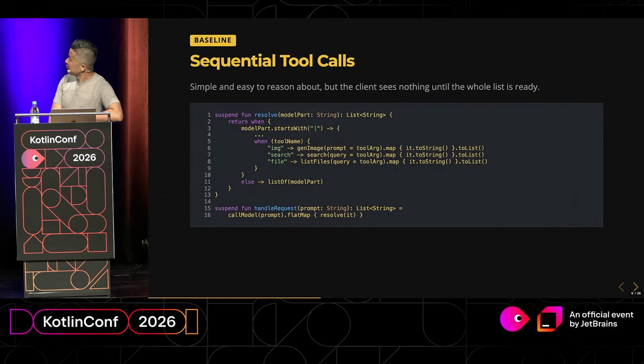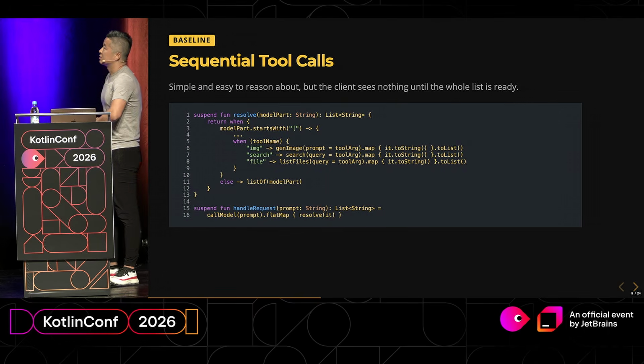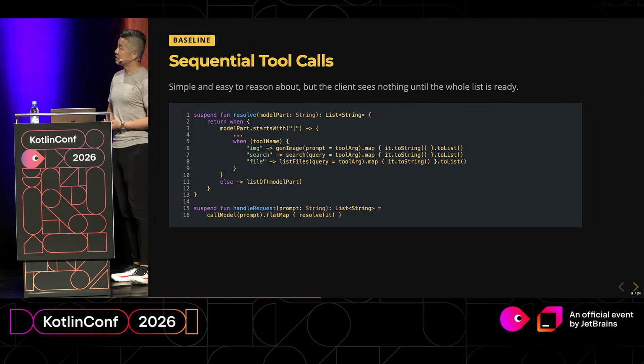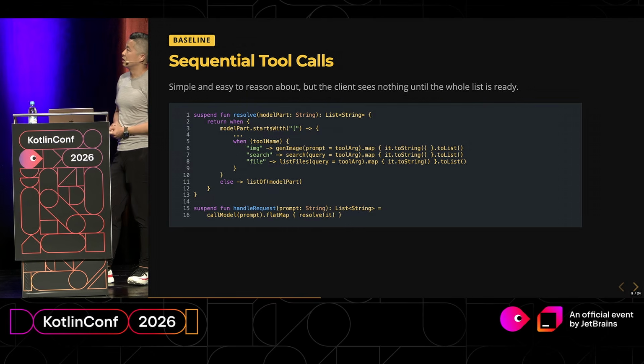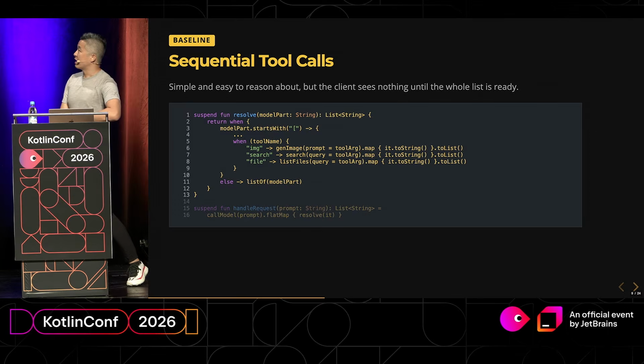All right. So let's use that to start the baseline implementation. For the baseline, we don't have any specific patterns applied. We just want to show what the brute force implementation would look like. So here, we would have the resolve function used by our server to resolve each of the model parts.